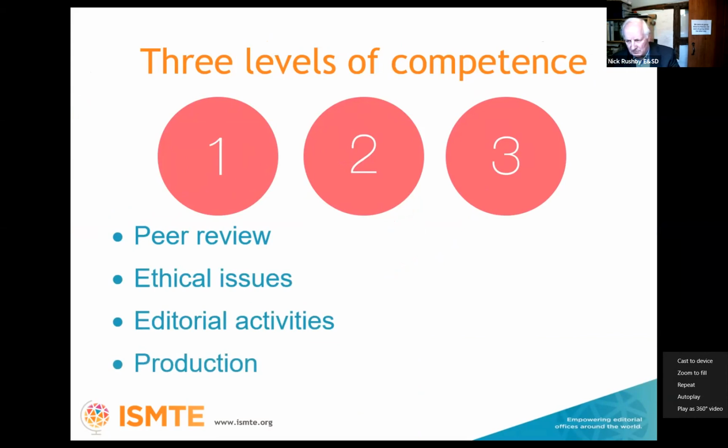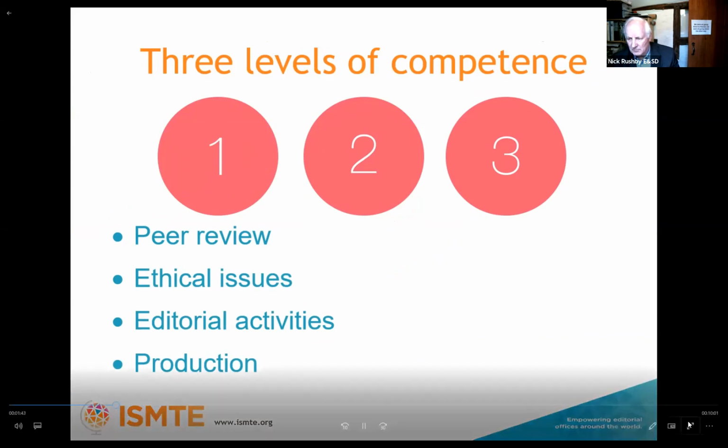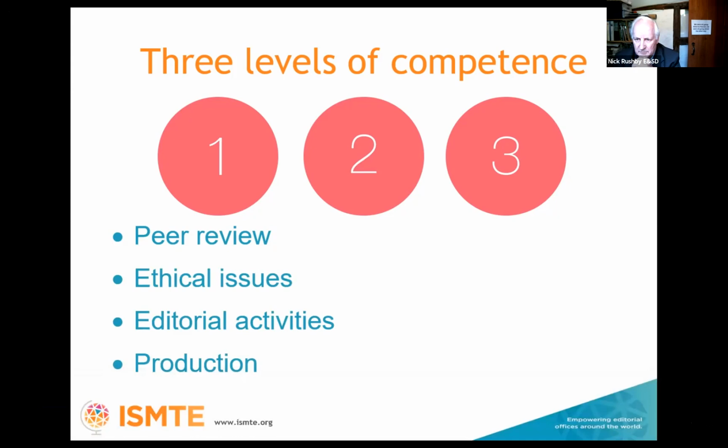There are specific resources available to support development at each level. The framework enables professionals to assess the level at which they're currently working, whether there are areas in which they need to improve their competence, and what they need to achieve to move to the next level of professional development.